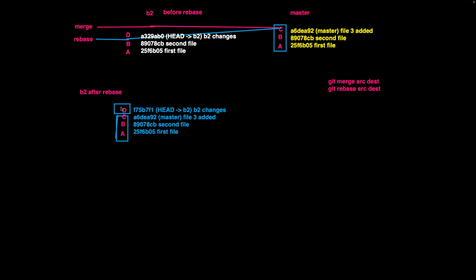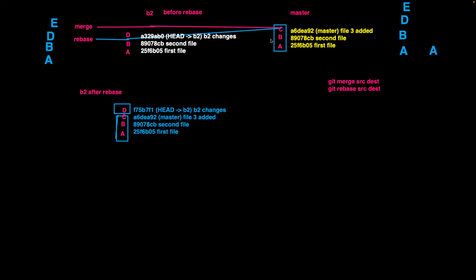Let's say in B2 we have A, B, D, and E, and master has the same commit IDs, A, B, C, as it is right now.